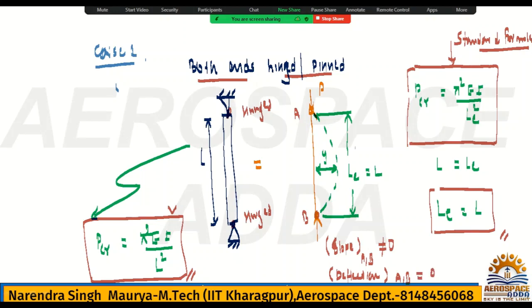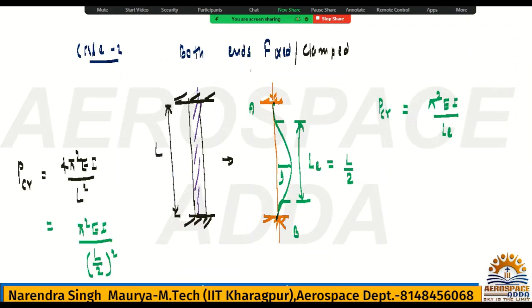Why will deflection be 0? Because it is hinged at A and B. But slope does not equal 0. Slope will be there. How can you get the slope? You draw the tangent to this curve, and that will be the slope. Similarly here also, if you draw the tangent, that will be the slope. So you will have theta as the slope. Slope you will get, but deflection will be 0. That you need to remember.